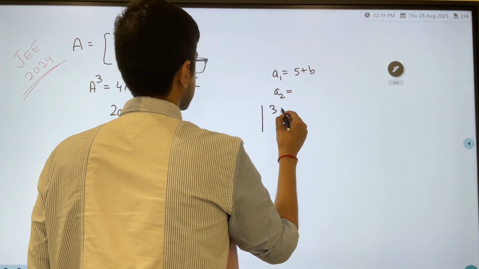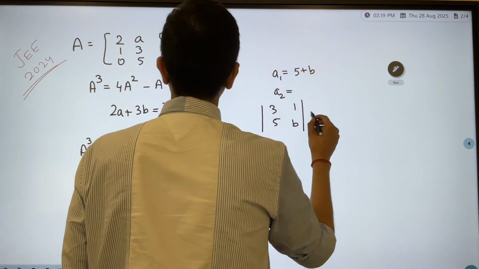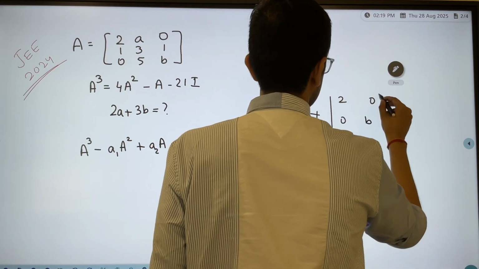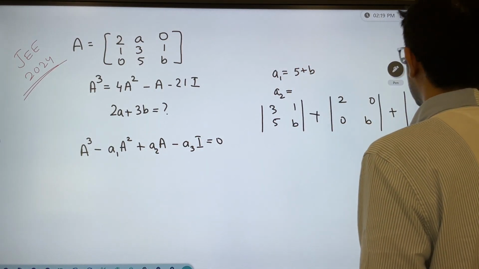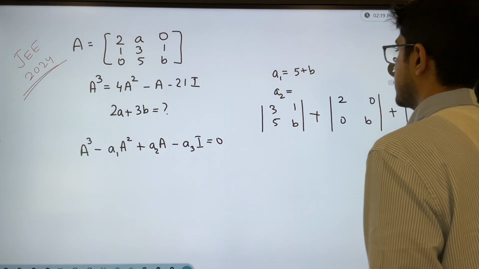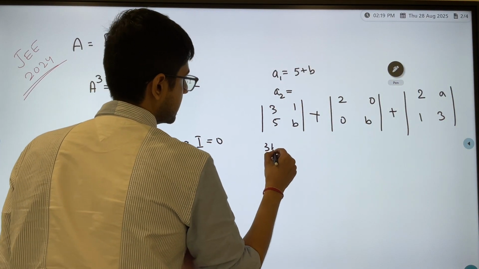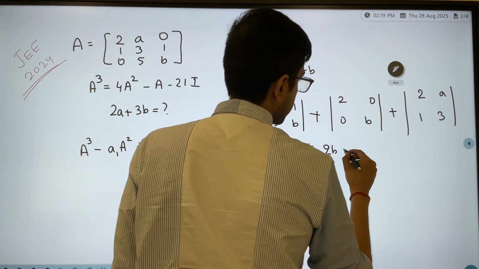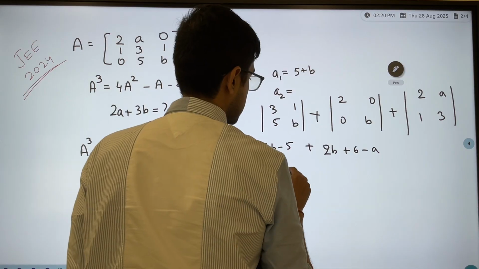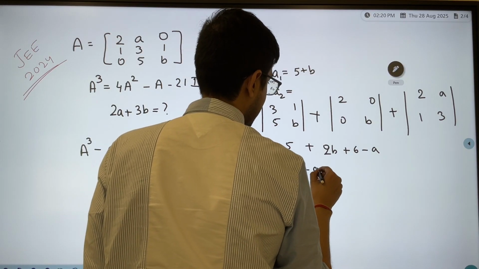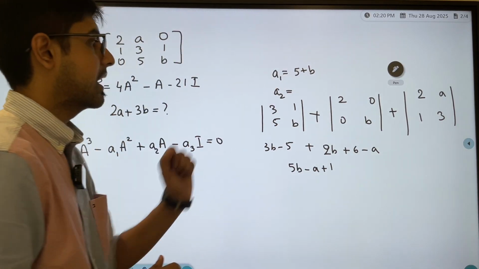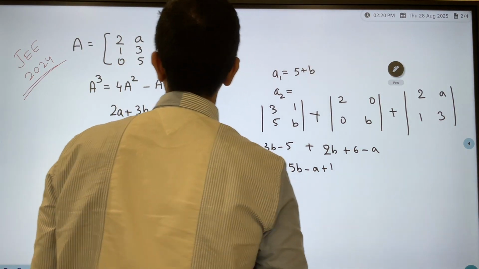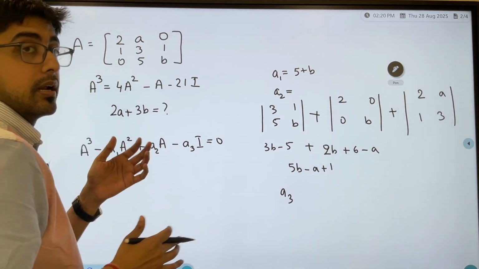Let's do that. 3, 1, 5B plus 2, 0, 0B plus 2A, 1, 3, which will give me 3B minus 5 plus 2B plus 6 minus A. So I have 5B minus A plus 1 as my A2.